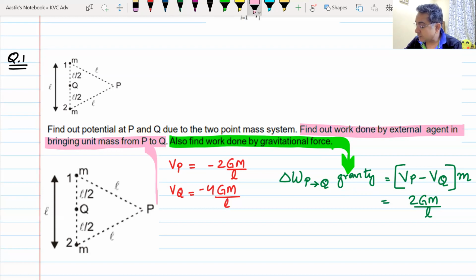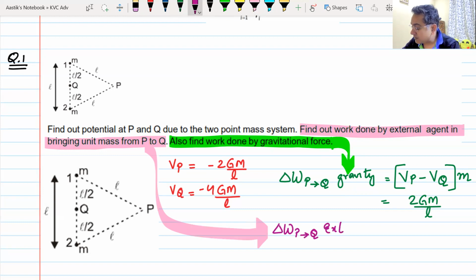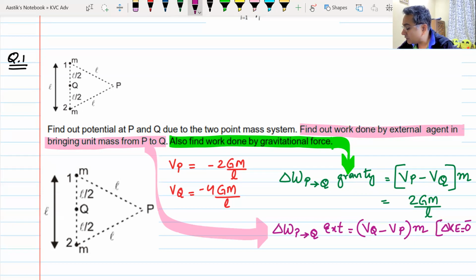Now, what is the work done by the external agent? So remember this formula. The work done in moving this point mass from P to Q by an external agent is the negative of this. So it is the final potential Vq minus the initial potential Vp, multiplied by m. But this equation is only valid when the change in kinetic energy is zero, so we move it very, very slowly.